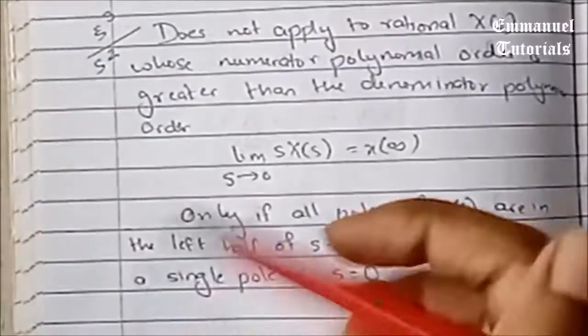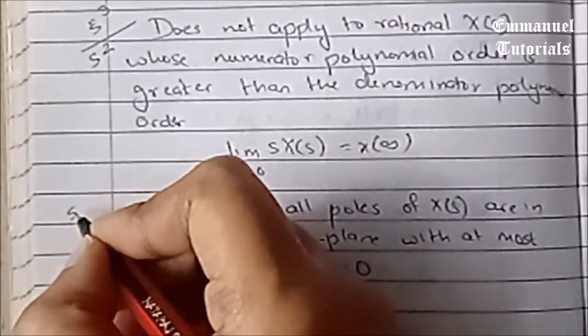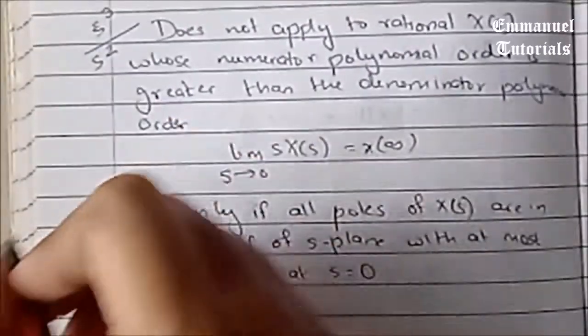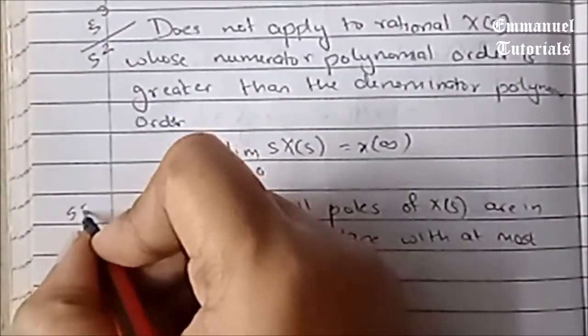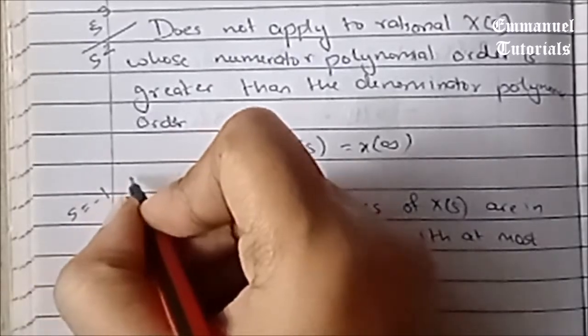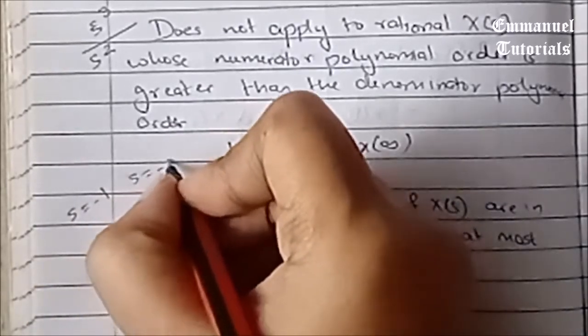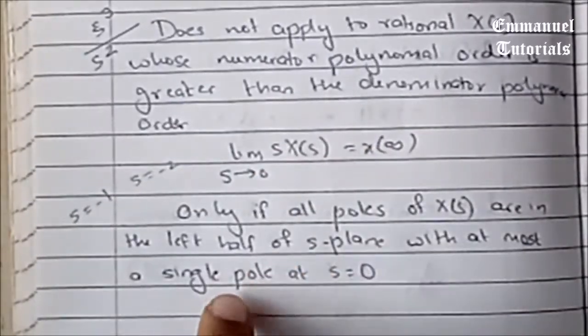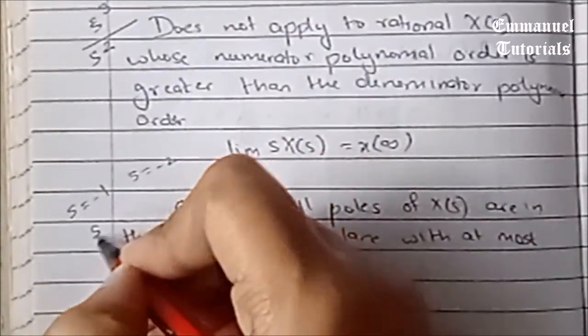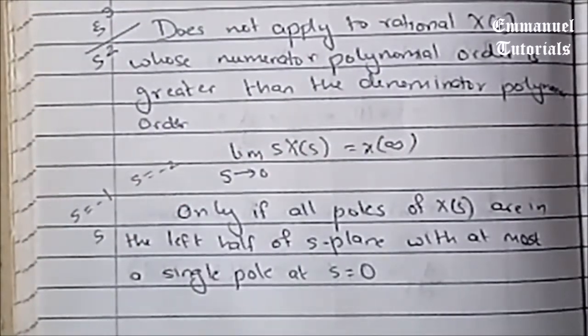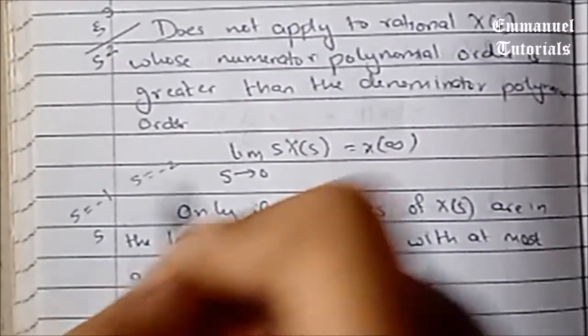So when the poles are in the left half of the s plane, their values are negative, s equal to -1, -2, and if a pole is at s equal to 0, so the value is going to be only s in the pole.